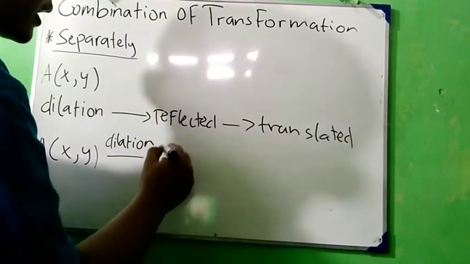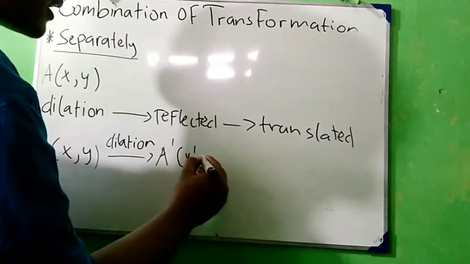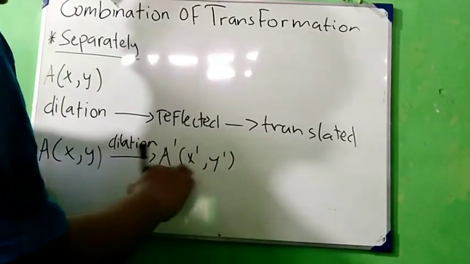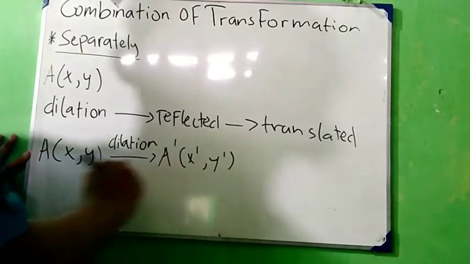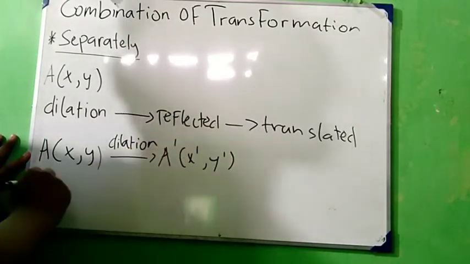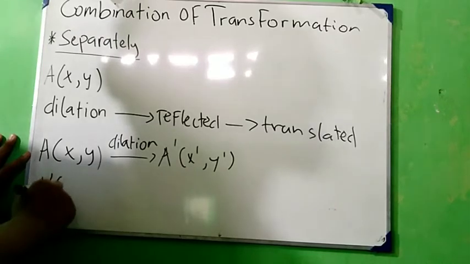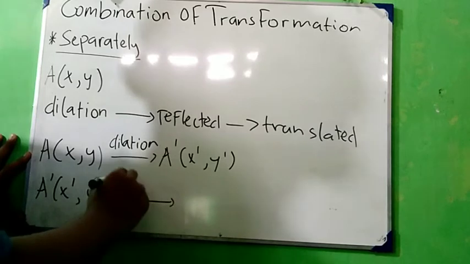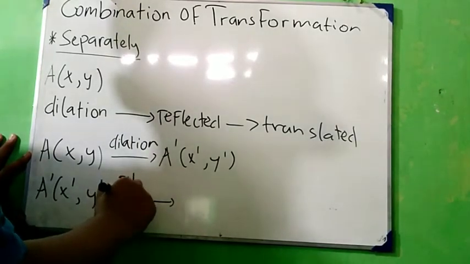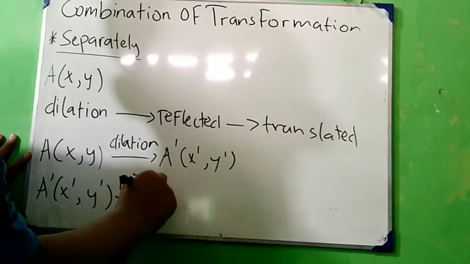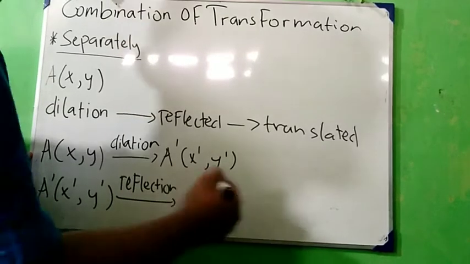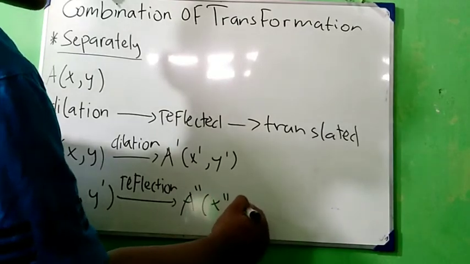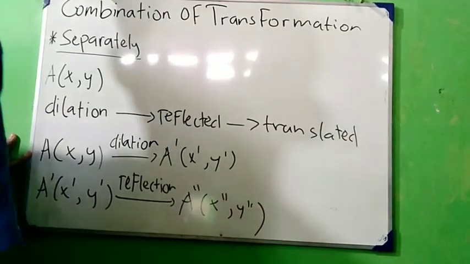After that, we can get A accent, x accent, and y accent. And then we process the A accent by reflecting it. So A accent, x accent, y accent, reflection, and then we got A double accent, x double accent, y double accent.